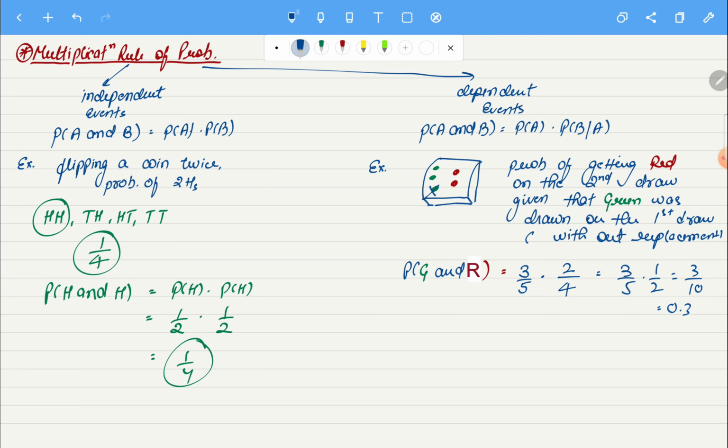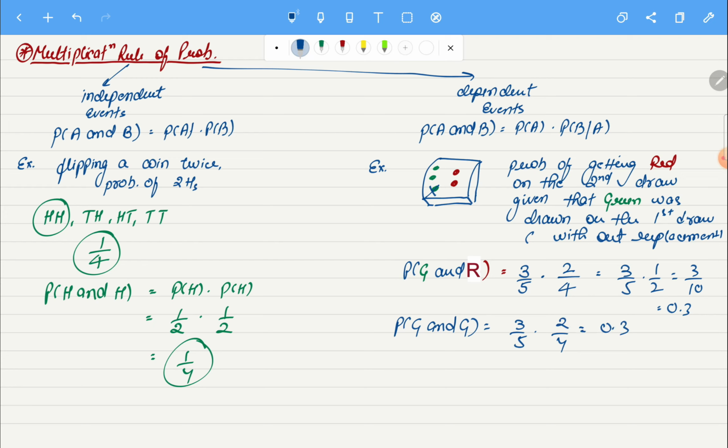Now if we try to find the probability of, let's say, a green ball on both tries, this time we will have P of green and green. On the first try again it will be 3 by 5, and on the second try now we have 4 balls and 2 greens, so the probability will be 2 by 4.